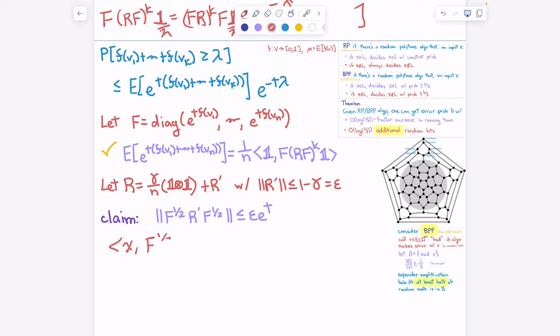Okay, let's just do this a little slowly. So for any test vector x, let's say x has unit length. Let me group the terms a little bit like this. So f is diagonal, so you don't have to transpose anything.